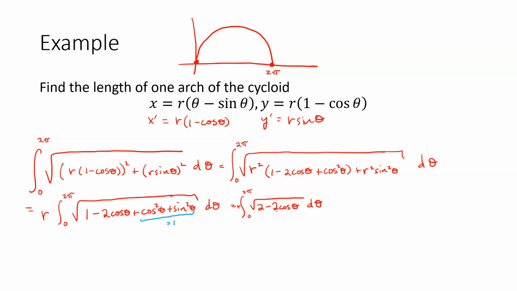And in order to evaluate this, it might be worth thinking about an identity that we can use to simplify this square root. So to remind you, we have this identity. Cosine squared is equal to, well, actually here, let's do the one for sine squared.